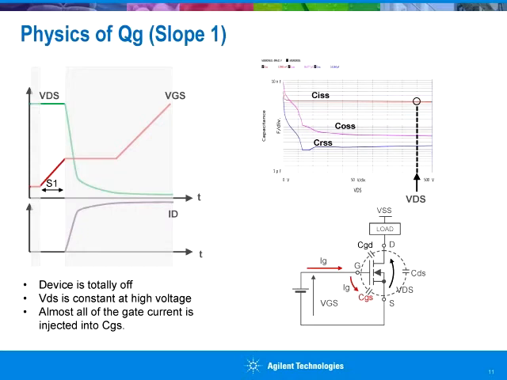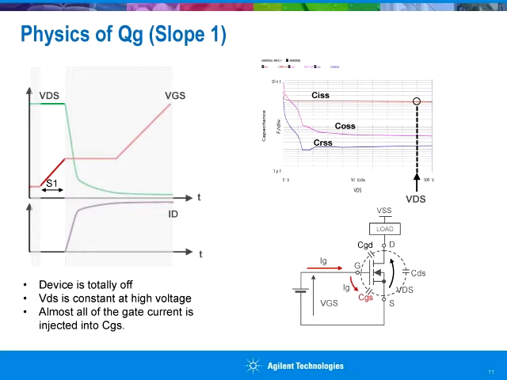So let me explain the first part, the S1 part. Since this is the typical input, output, and reverse transfer characteristics of power devices, at the off state, the capacitance is almost flat, and CISS is dominant.